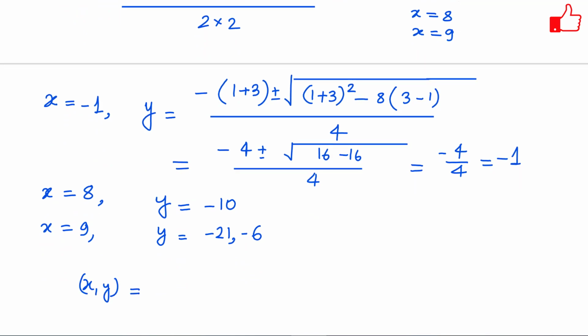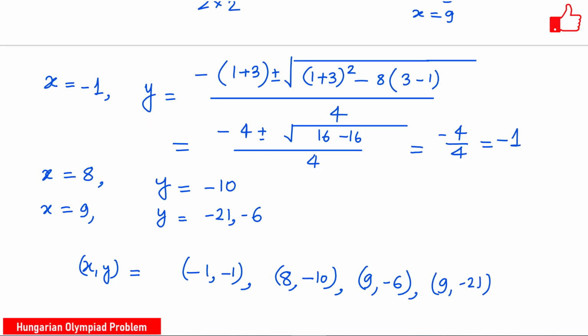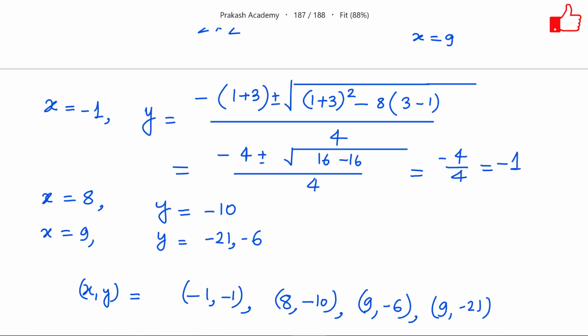So the xy pairs are: when x is equal to minus 1, y is also equal to minus 1. When x is equal to 8, y is equal to minus 10. When x is equal to 9, y can be minus 6 or y can be minus 21. So there are 4 pairs of solutions that are possible for this problem.